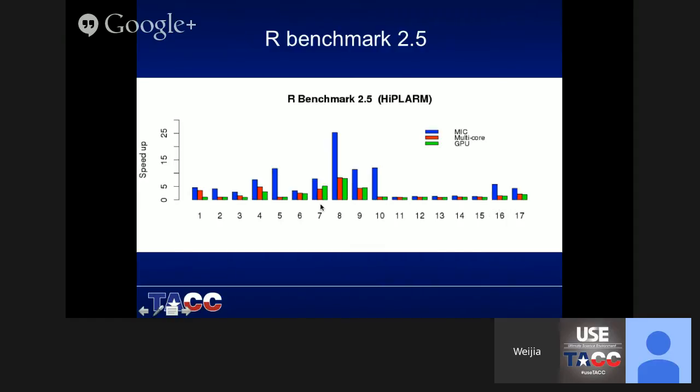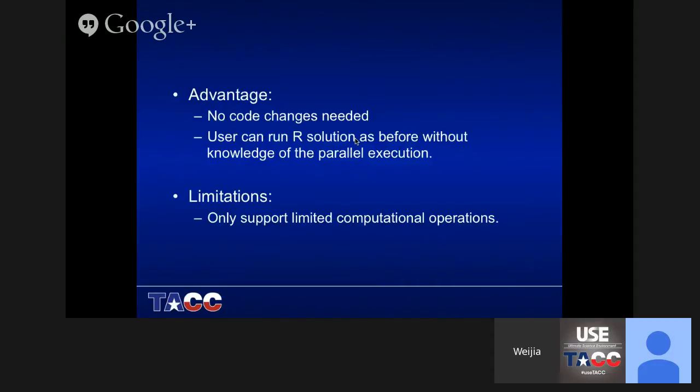You can see some of them benefit from using MIC or GPU, and some of them do not. It depends on the type of task. If they are more associated with large matrix operations, then typically you can see more speedup than the others. The general advantage of this kind of scaling up is that there is really no or a minimum amount of code change. The user can easily run their existing solutions with additional performance.